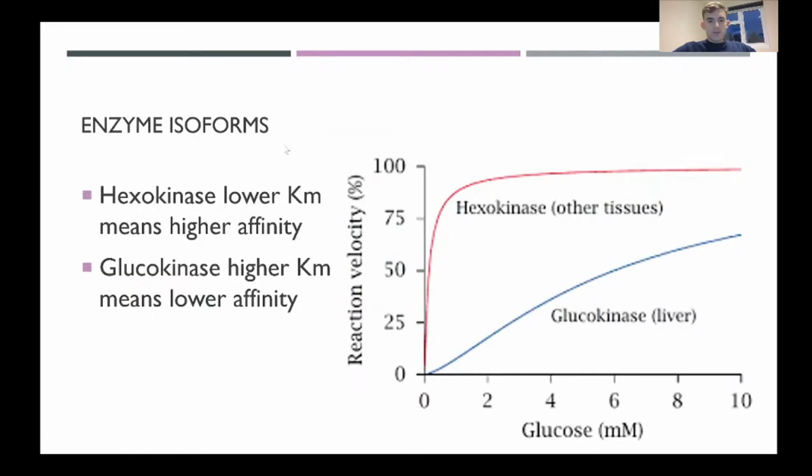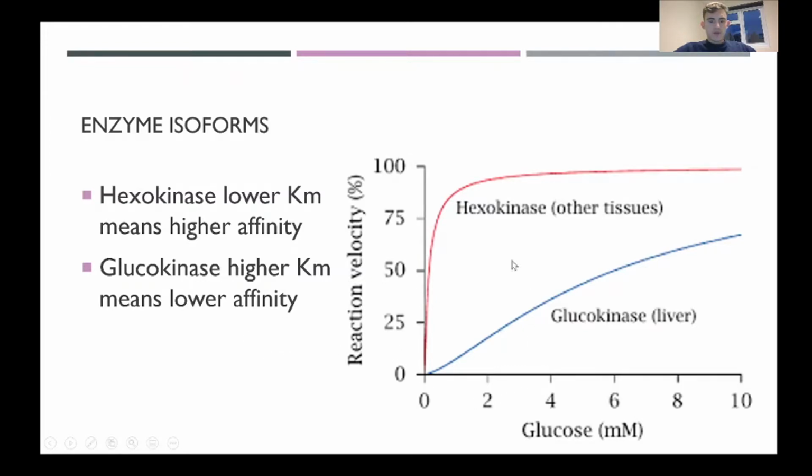If we talk about different isoforms of these kinases, we've got hexokinase, which is found in erythrocytes, and glucokinase, found more in hepatic cells. Because your blood is the first place where glucose comes in, we've got this hexokinase which has a very low Km, and the lower the Km, the higher the affinity the enzyme has for the molecule.